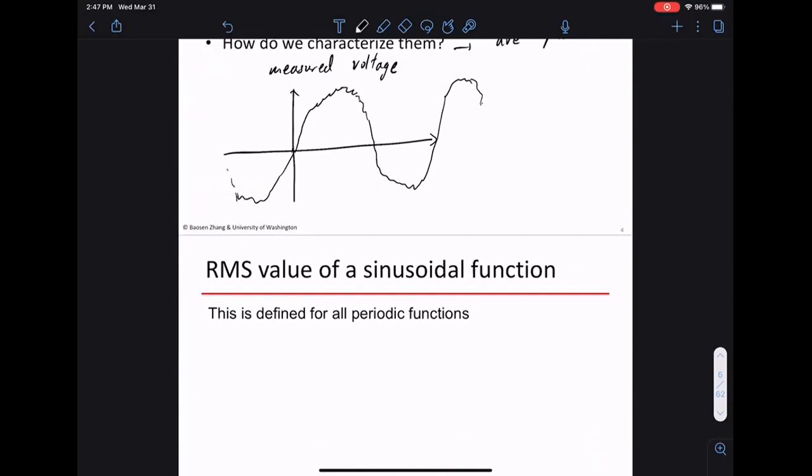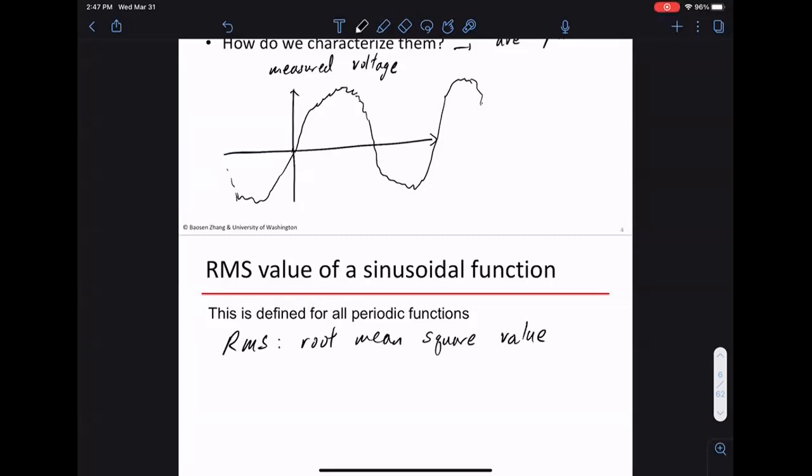And RMS, just to remind us, is a very well-defined name. RMS is root mean square value. And it does exactly what the name says.